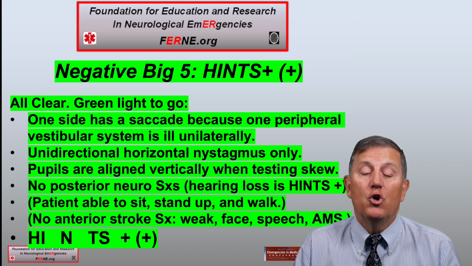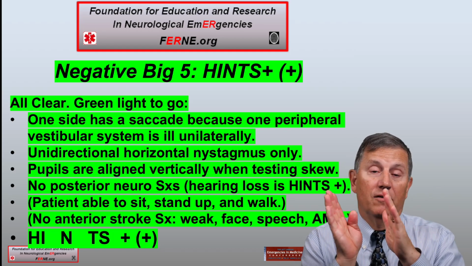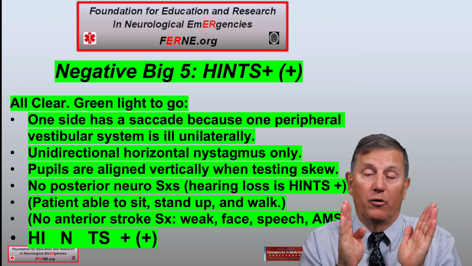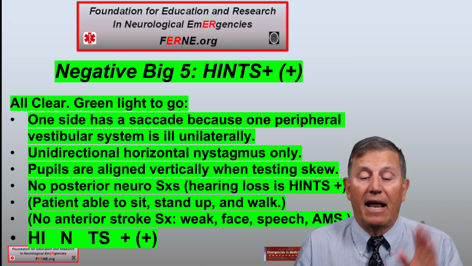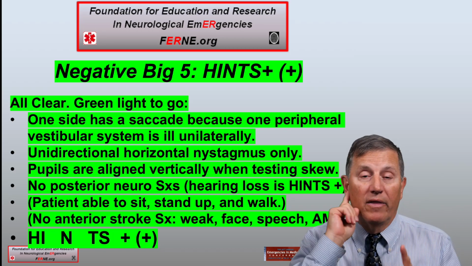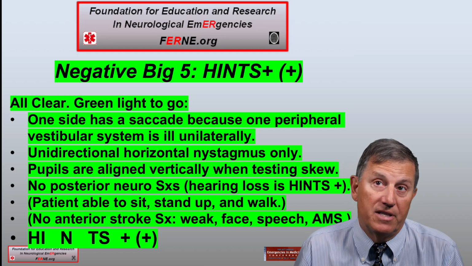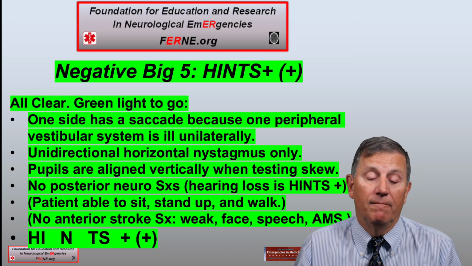In a patient with unilateral horizontal nystagmus that is unidirectional, that is, the fast component is only in one direction, not both, you then have to have one side that has a corrective saccade that would suggest that one or the other vestibular system is malfunctioning because it is ill unilaterally.